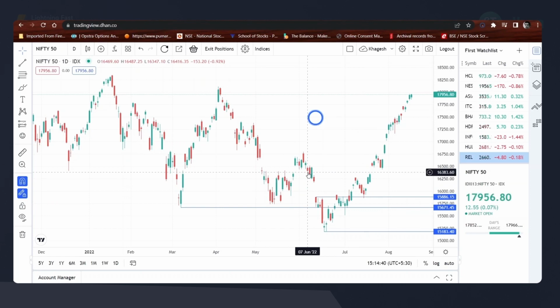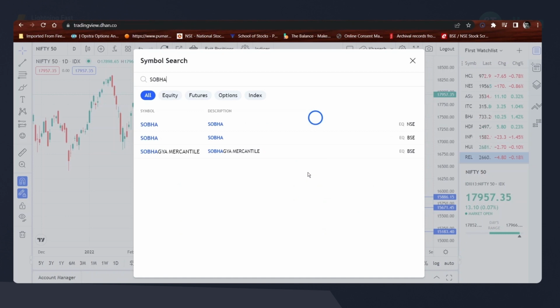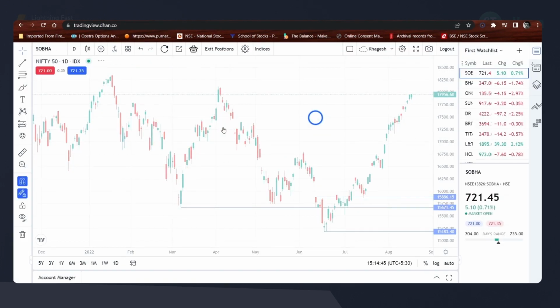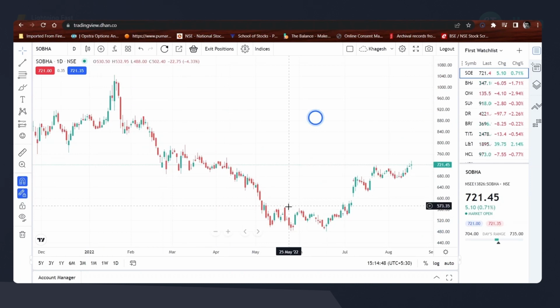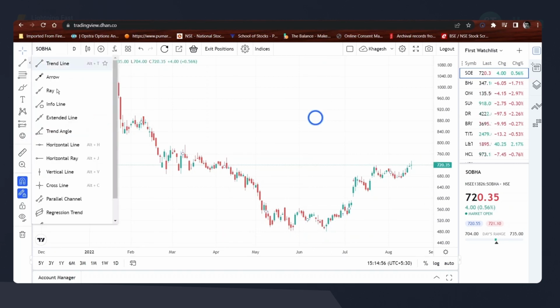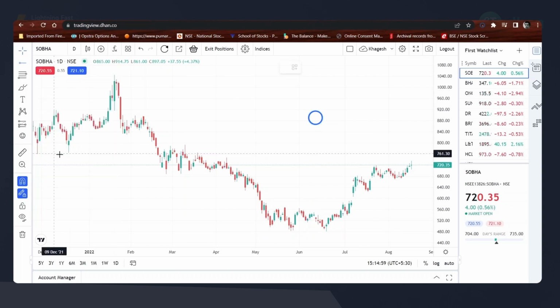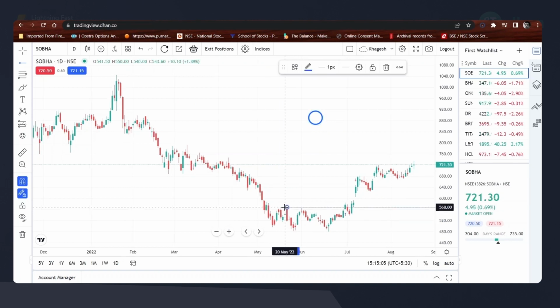Let's take a few more examples. Let's take the example of Shobha Developers, which is a real estate stock. If you see this particular zone here, which I am showing on my screen, and if I want to draw in my support and resistances, I can say that my stock is facing a stiff resistance at 560, 570 levels.